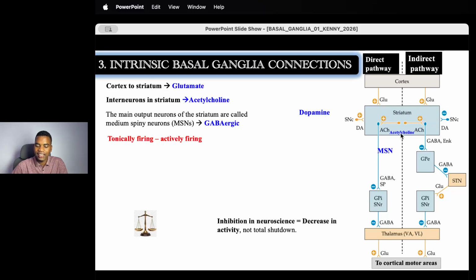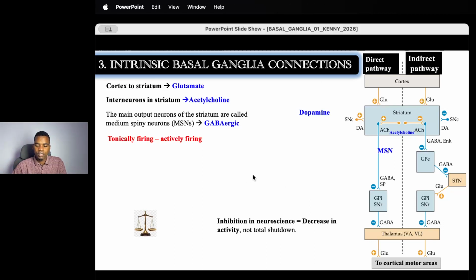Within the striatum, they are utilizing acetylcholine, but the information from the cerebral cortex is using glutamate. And then we have neurons that are coming from the striatum. These neurons are called medium spiny neurons. These medium spiny neurons are inhibitory in nature. They are using GABA as a neurotransmitter, and for that reason they can also be referred to as GABAergic neurons, because they're using GABA as a neurotransmitter.